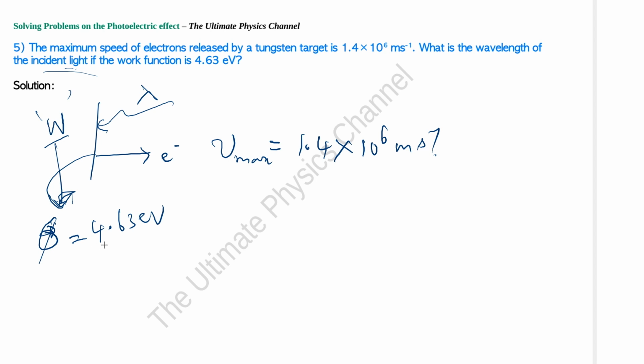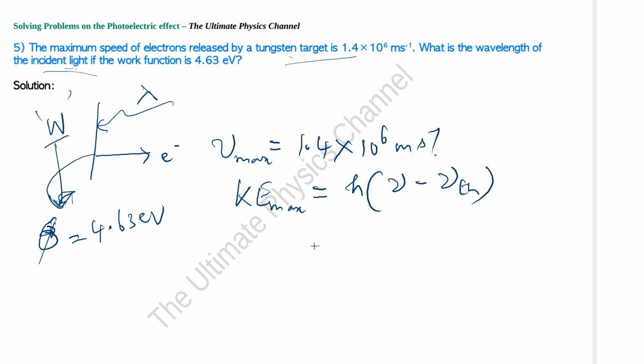And then using that threshold wavelength and the incident wavelength, we have got maximum speed here, right? So we can get the maximum kinetic energy from this. So we have to use the expression KE max, which is a photoelectric equation. KE max is h times nu minus nu threshold. That's the equation.